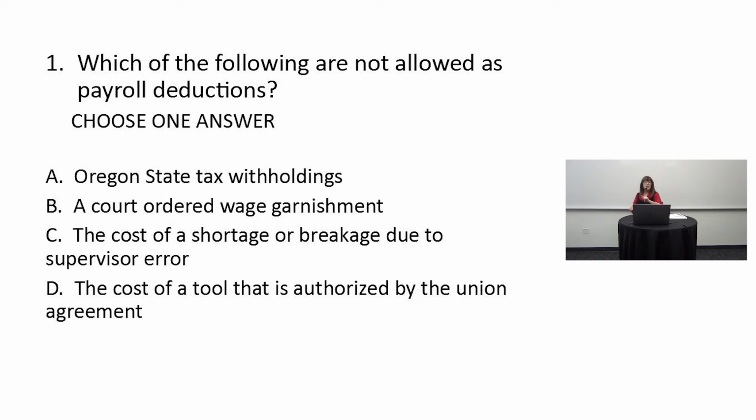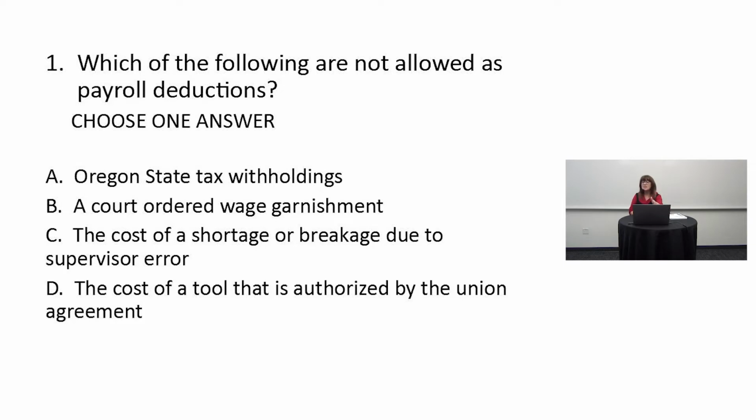Which of the following are not allowed as payroll deductions? Notice it says not allowed. So we're looking for the exception here. A, Oregon state tax withholdings. Yeah, I'm thinking that's allowed. B, a court-ordered wage garnishment.